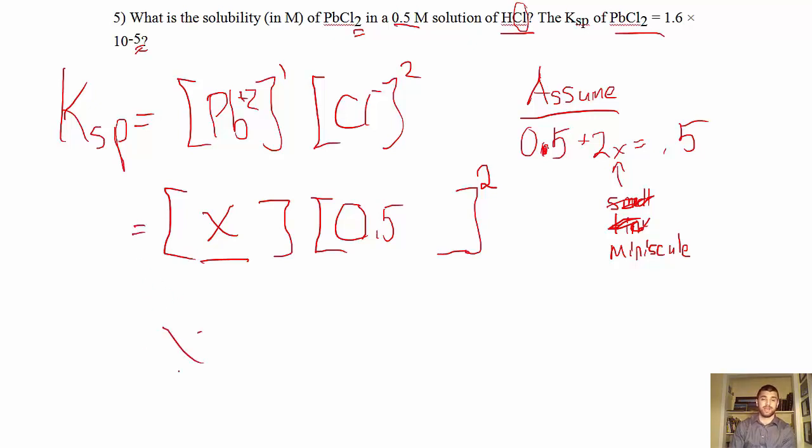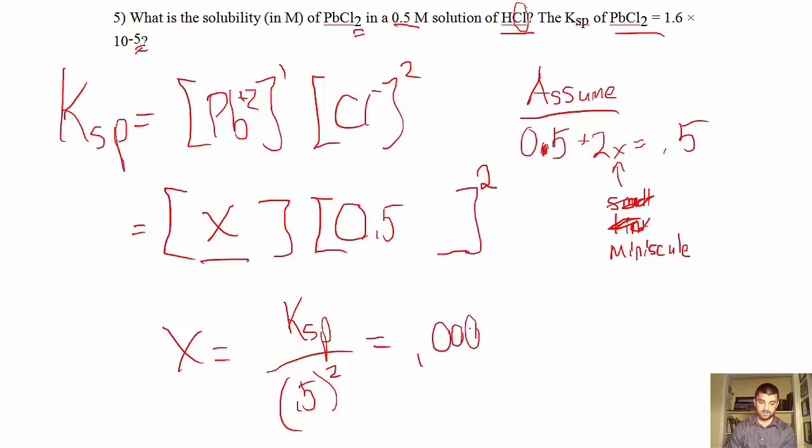So we do some algebra. We get X equals Ksp over 0.5 squared. And we get a value of 0.000064. So now let's see, is that assumption safe? Well, we had 0.5 molar, and we're going to add twice this, so we're going to end up adding 0.000128.